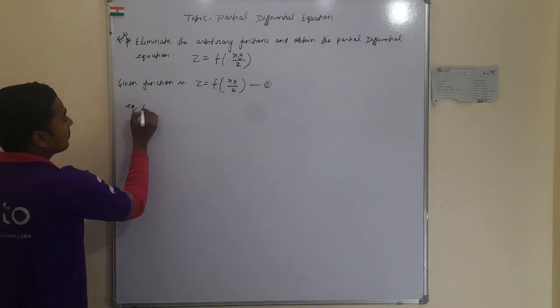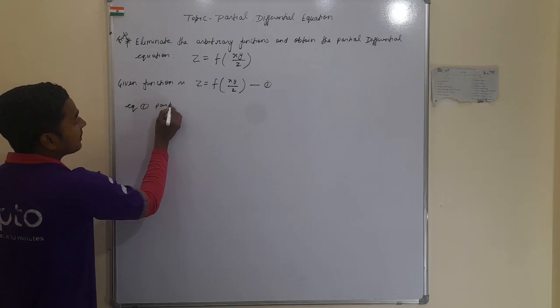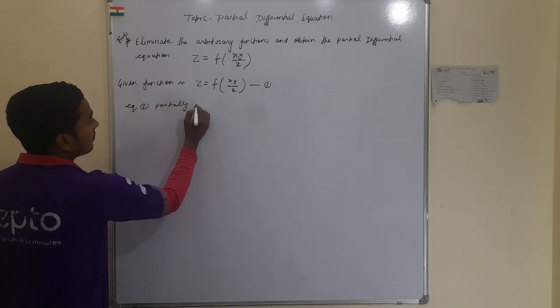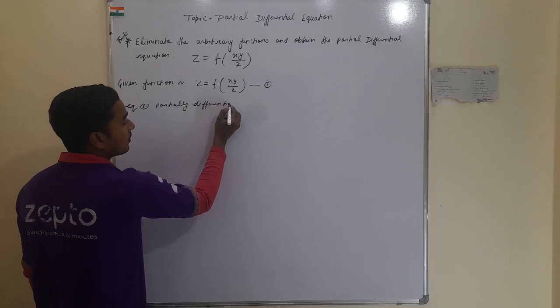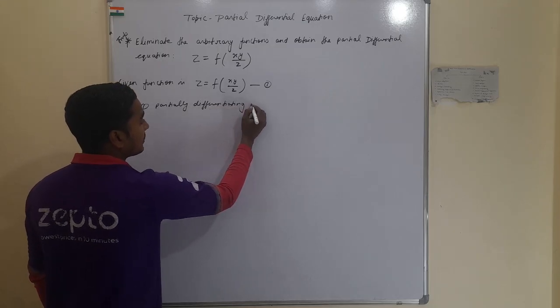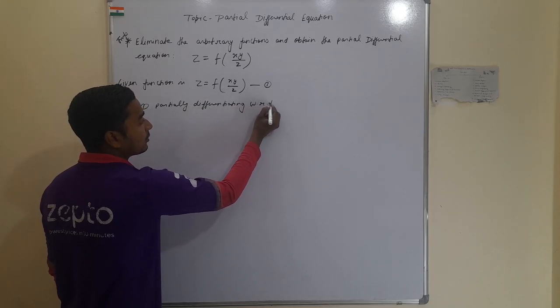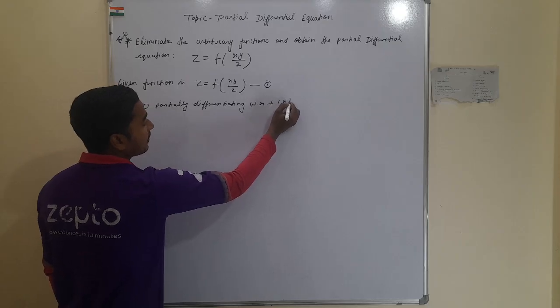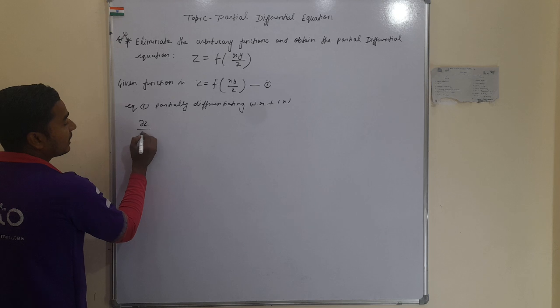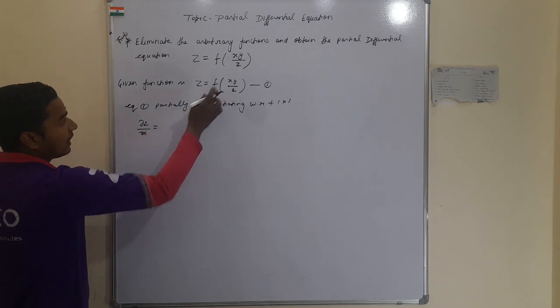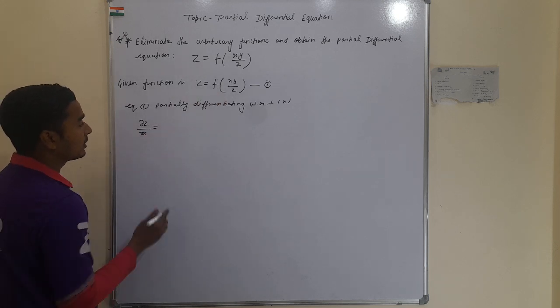Equation 1, partially differentiating with respect to x, we get del z upon del x is equal to f dash of xy upon z, differentiating with respect to x.